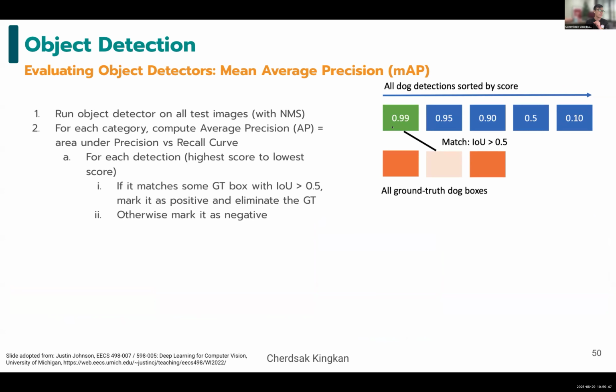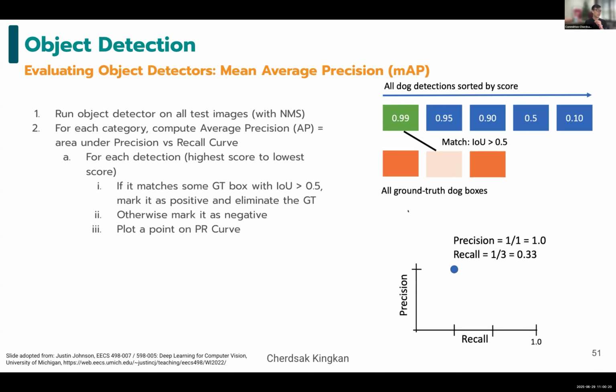For example, this first region that has the highest prediction score matches this ground truth, and it has an IOU greater than 0.5. We mark this as a positive, and then we eliminate this ground truth from our ground truth set. If it doesn't match, we mark it as negative.